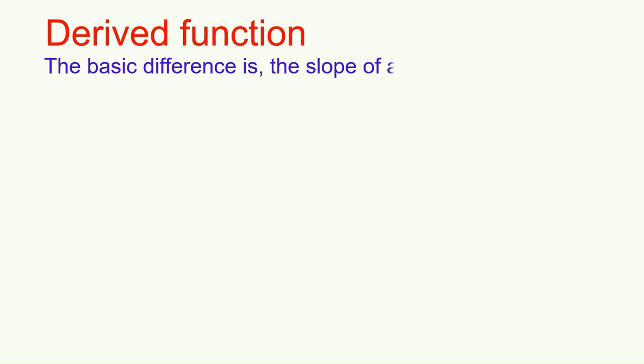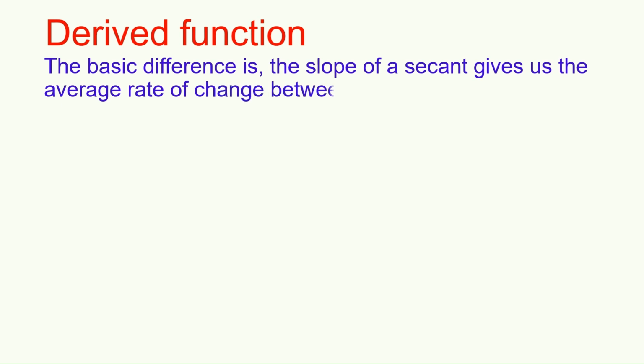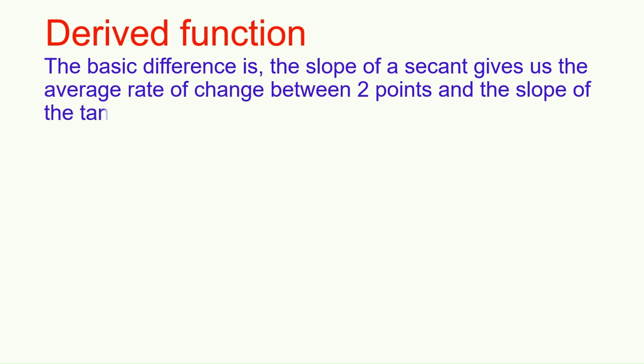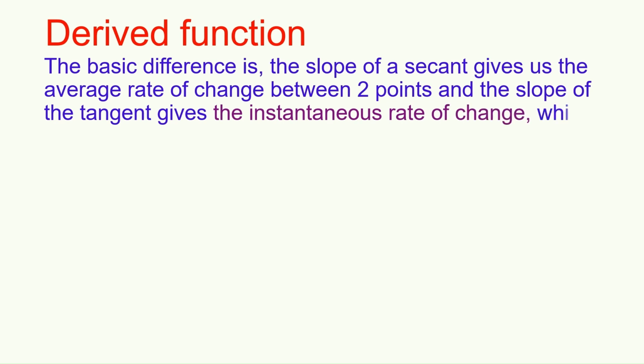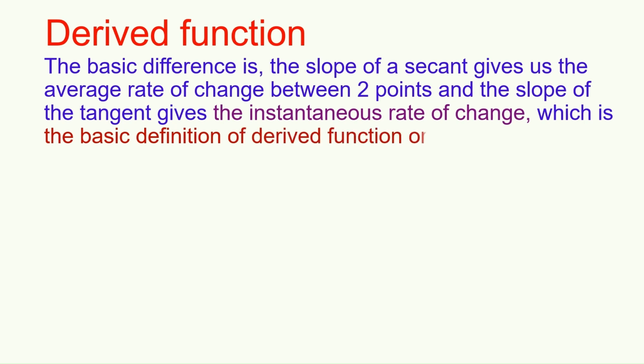Derived function. The basic difference is the slope of a secant gives us the average rate of change between 2 points, and the slope of the tangent gives the instantaneous rate of change, which is the basic definition of derived function or derivative.